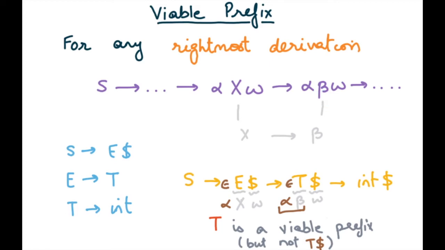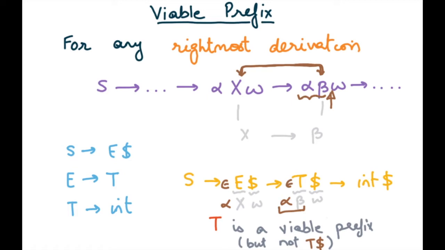One way to think about it is that if you look at any rightmost derivation, and any one step which produced beta from X, there has to be some such X and some such beta. After all, something has to get produced. Then you place a cursor right after beta, and the string before this cursor is a viable prefix, and any prefix of that string on the left of the cursor is also a viable prefix.